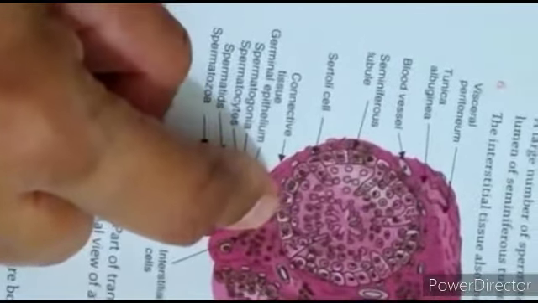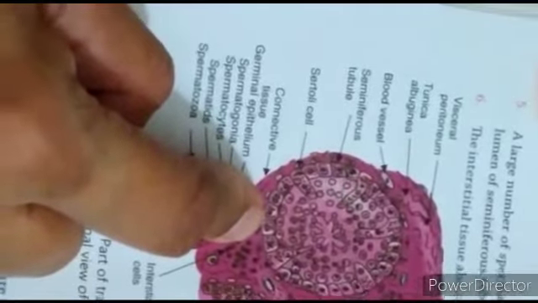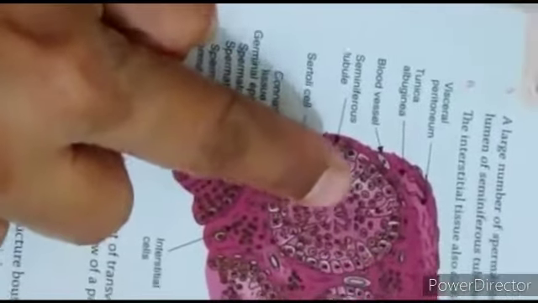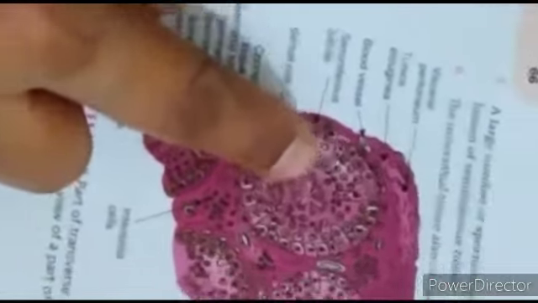These spermatids will undergo the process of spermiogenesis, and that results in the formation of the functional spermatozoa, which can be seen in the center of the seminiferous tubule in the lumen.